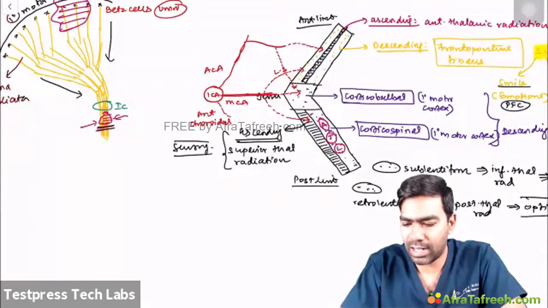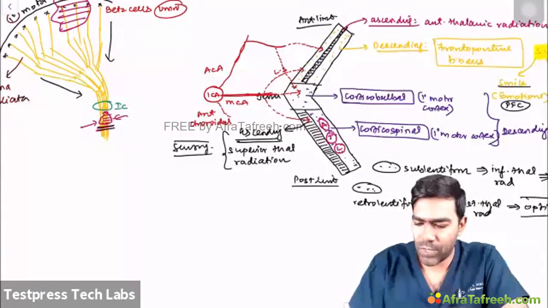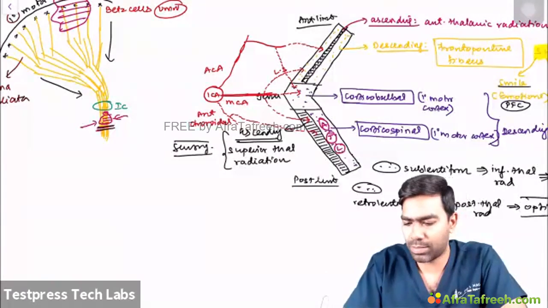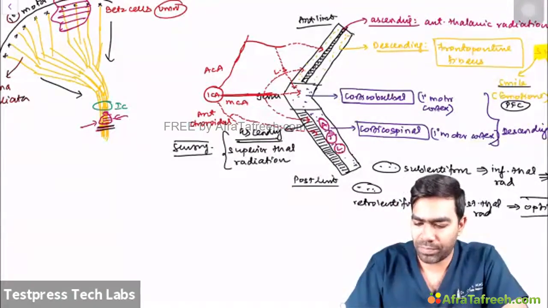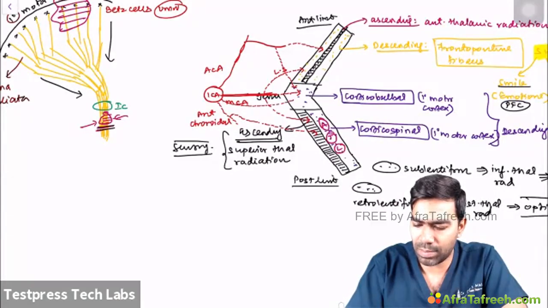As far as the anterior choroidal artery is concerned, they will be predominantly concerned with supply to the posterior limb of the internal capsule. And at the same time, the internal carotid artery can directly give lenticulostriate branches, which can supply the genu. And this anterior choroidal artery to a small extent can supply the genu also.